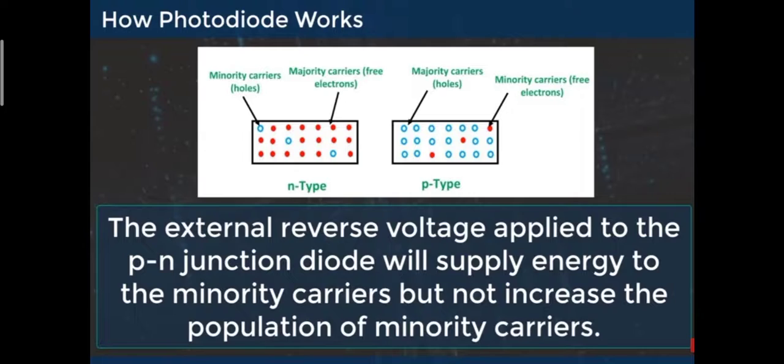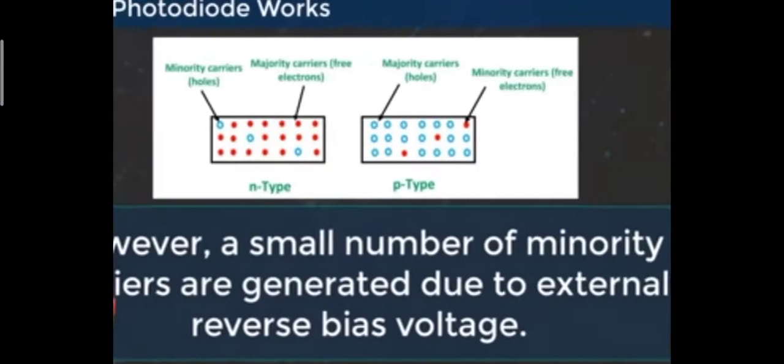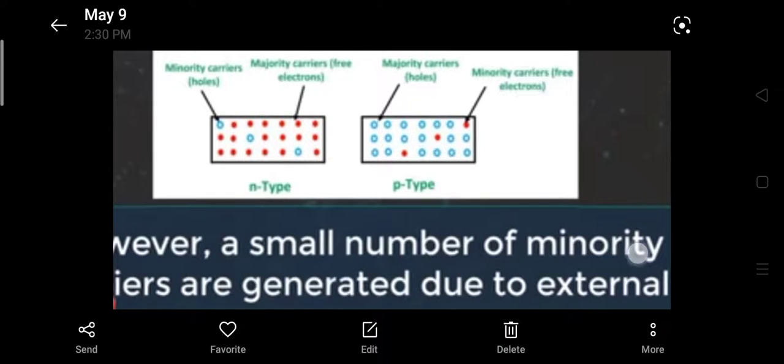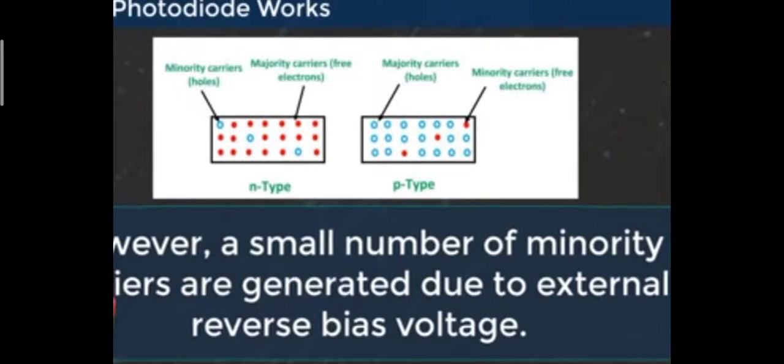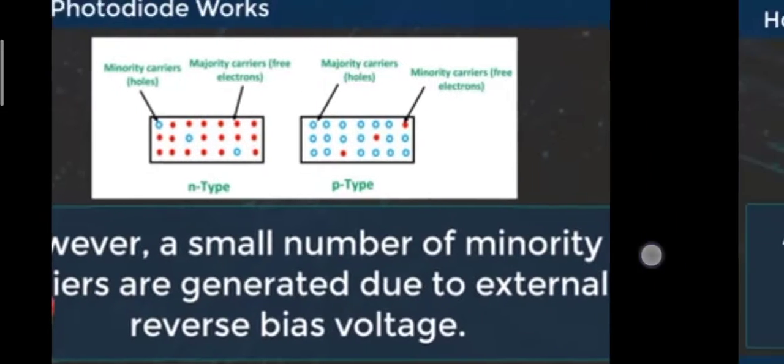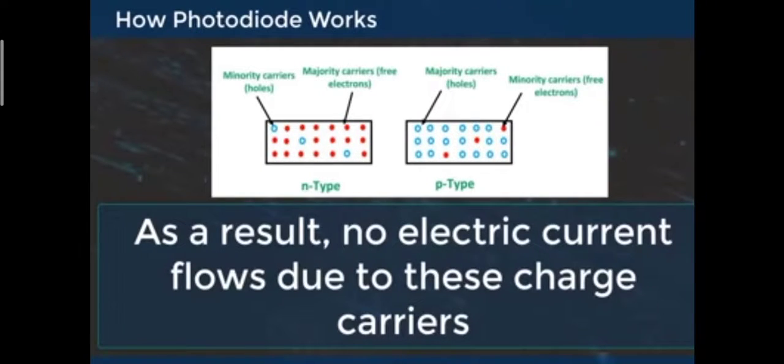Whatever I explained a few minutes back is written in words here. However, a small number of minority charge carriers are generated due to the external reverse bias voltage. As a result, there is no electric flow due to these charge carriers.